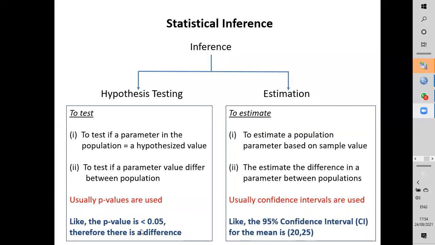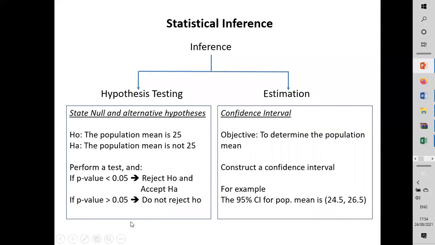This just checks the p-value to make inference. SPSS for most analysis gives both. Most of the time, depending on the objective, we use the confidence interval. Hypothesis testing, with H null and H alternative, can use a p-value. Example, the population mean is 25 versus the population mean is not 25.